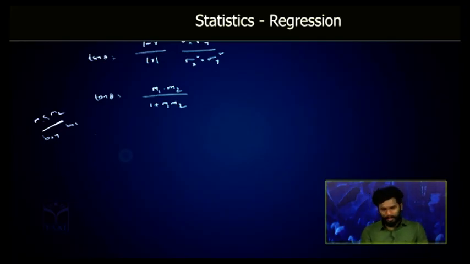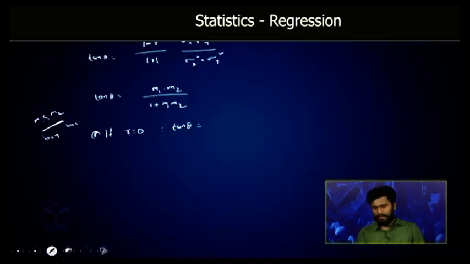Now, if r is equal to 0, what should happen here? Tan theta will become pi by 2. That means, when tan theta becomes pi by 2, both lines are perpendicular, like this.